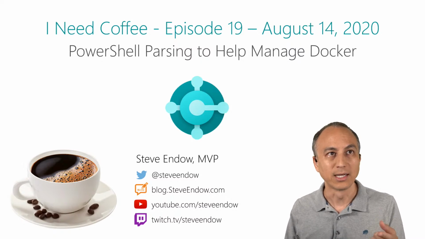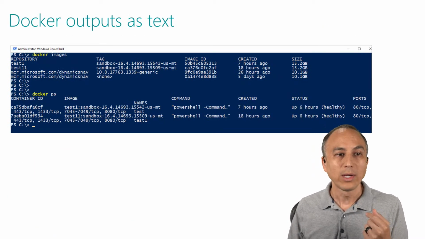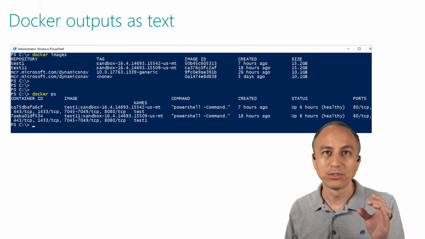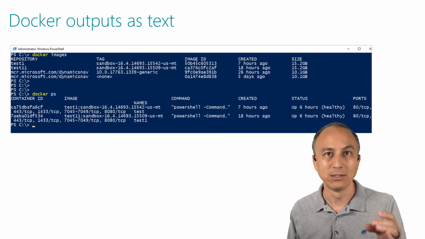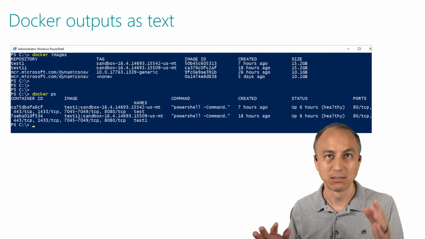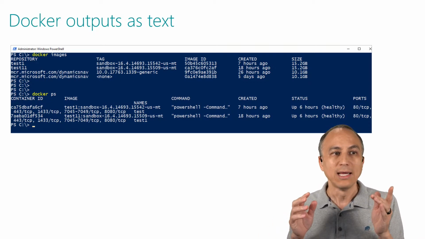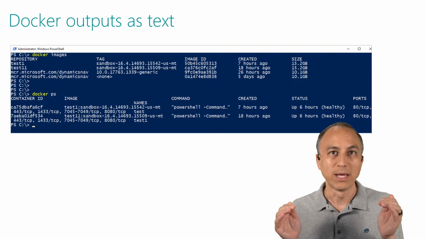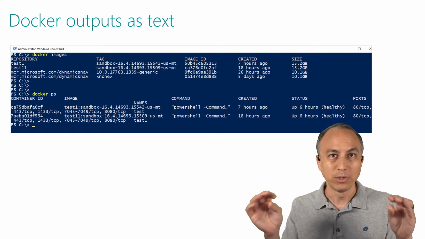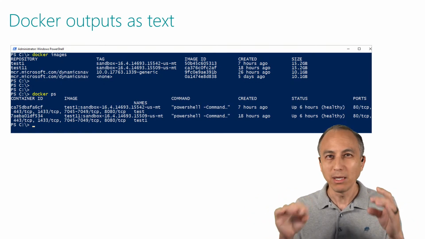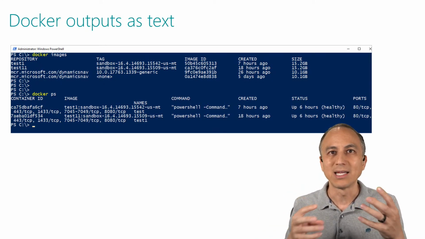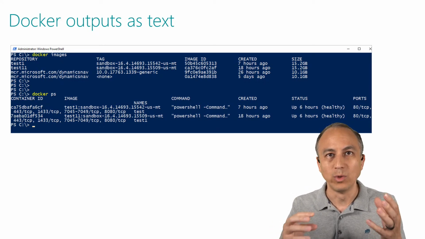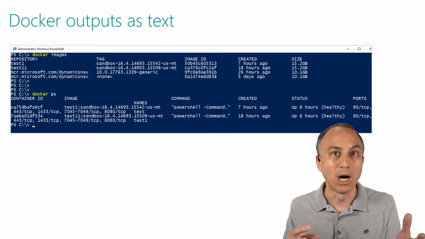to the next slide. Okay, so the fundamental challenge that I'm trying to learn about and tackle in PowerShell in this specific scenario is that when I issue a Docker command in PowerShell, it outputs the contents, but it appears to output it effectively as just text. It's not like an underlying object like when you're trying to work with modules.